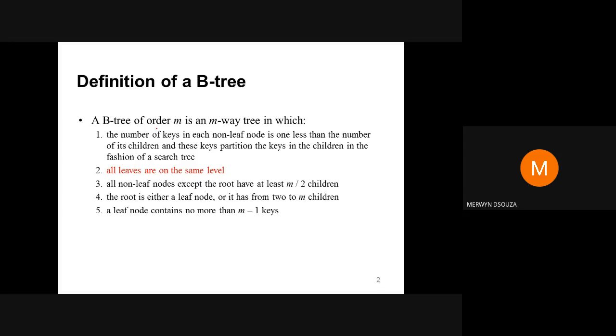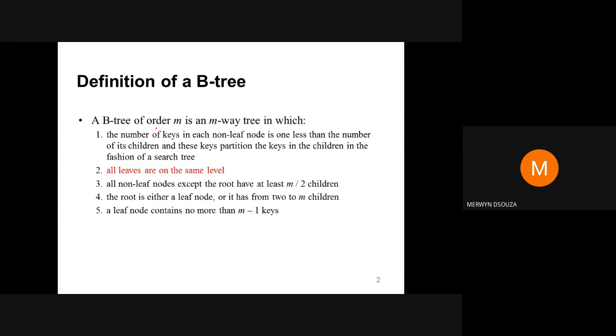So in general, for you to understand, a B tree is just like a binary search tree, where on the left side is less than the root and the right subtree is greater than the parent. In the same manner, a B tree follows something similar, except that in each node you can have more than one value.